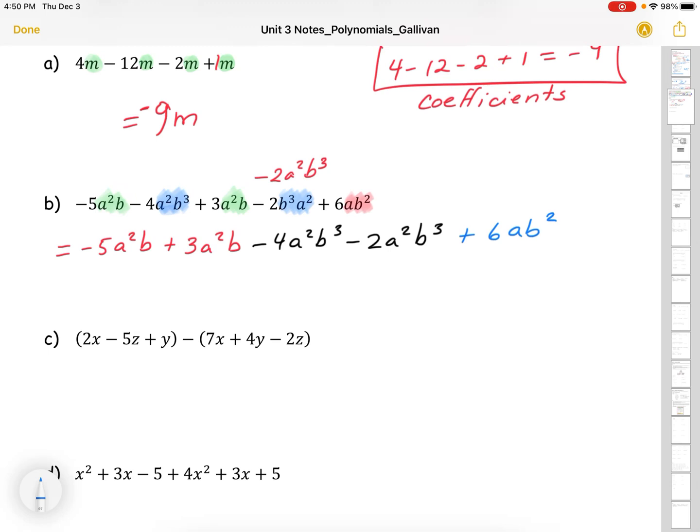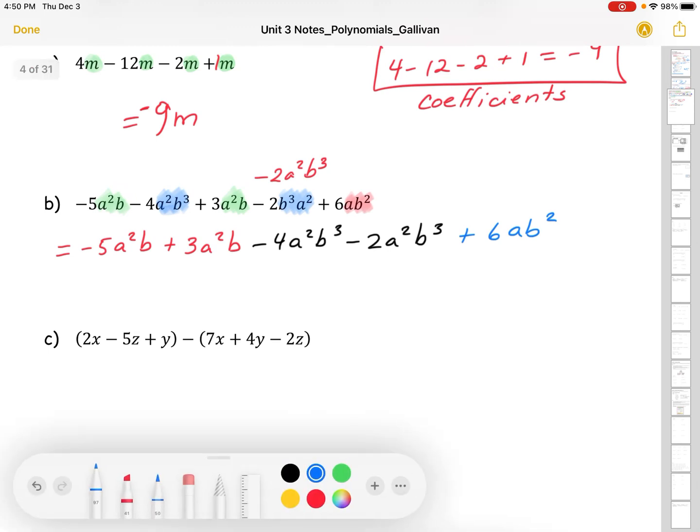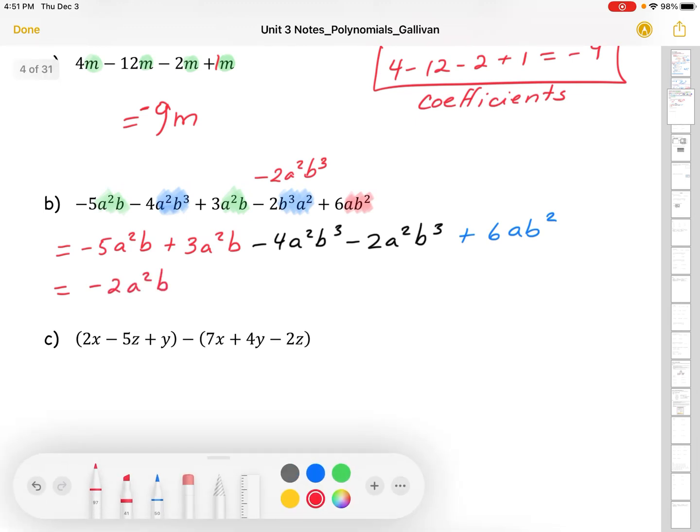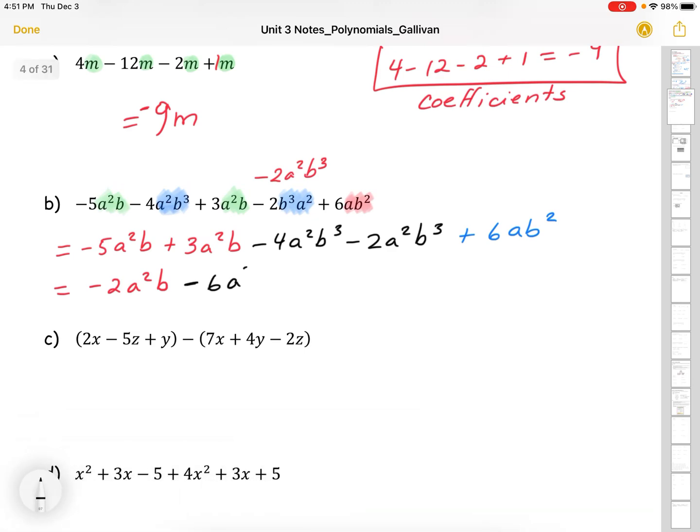Okay, now I've done it in color coding so that you could see what you have. So here, -5 and a +3, I have -2a squared b. Then I have -4 minus 2, so that's -6a squared b cubed. And then I have my plus 6ab squared. I've only done the colors there just to kind of sort out what's what.